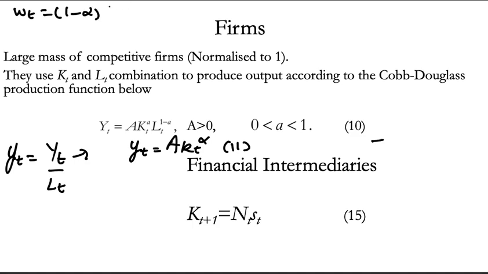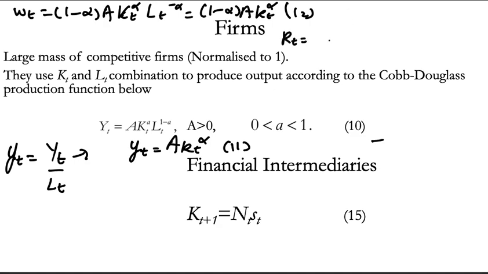I'm sure you have seen this one: (1 - alpha) A K_t^alpha L_t^(-alpha), and then you can rewrite it in per worker terms as (1 - alpha) A k_t^alpha. This one we name 12. And we also have r_t equal to, after simplification, alpha A k_t^(alpha - 1), and this one is 13.